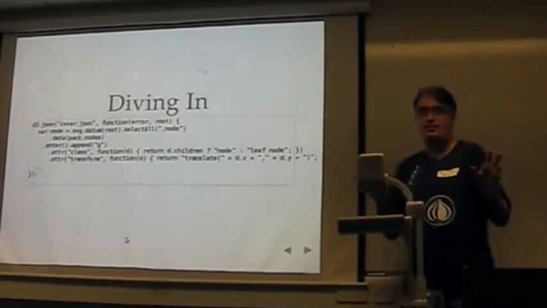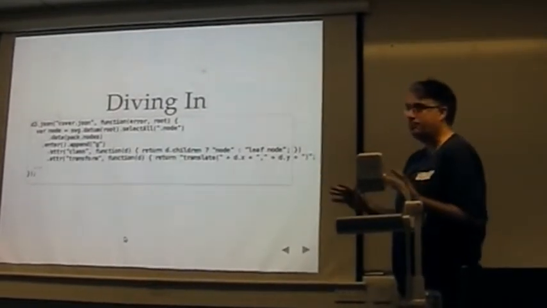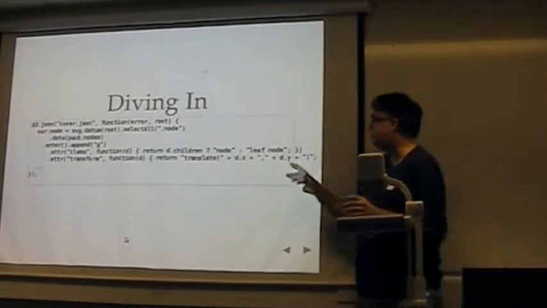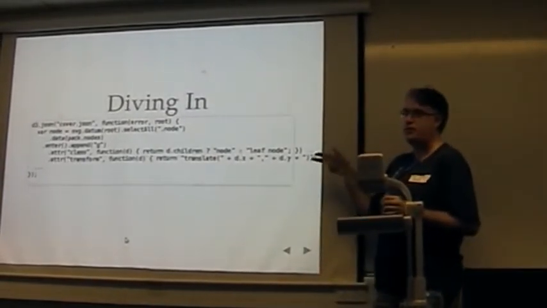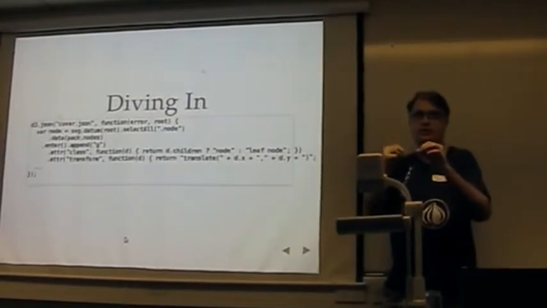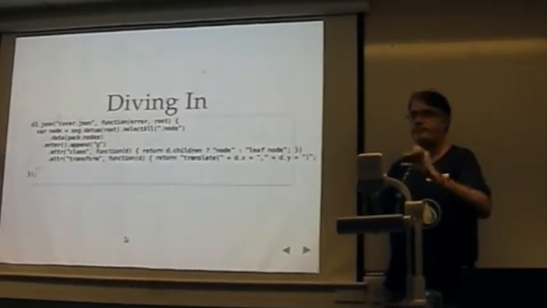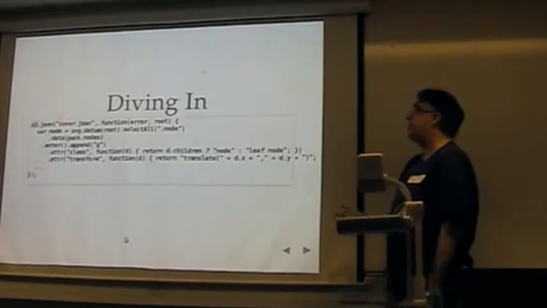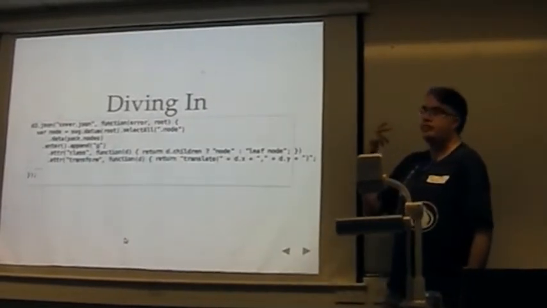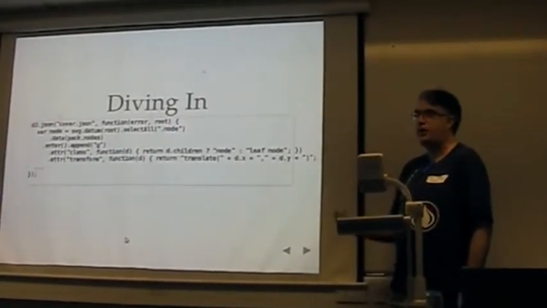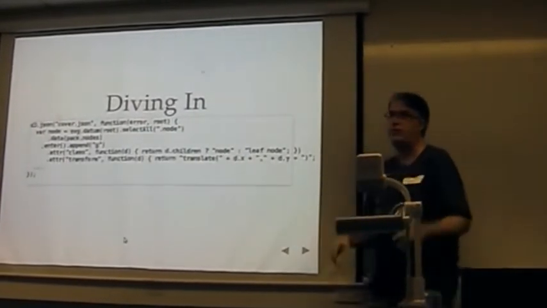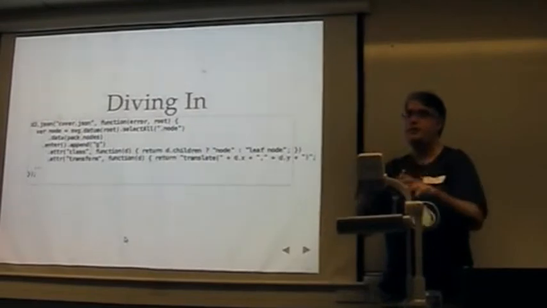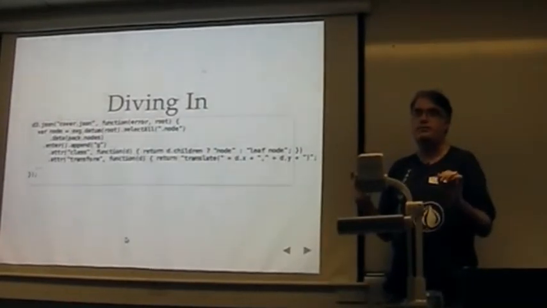One thing that you can see here that should help is the translation applied to each individual node. So as we walk down the list of nodes, we displace them, and this is where D3 helps us as well, because D3 supplies the X and Y coordinates to move the bubbles around. So you don't have to do any of that work.